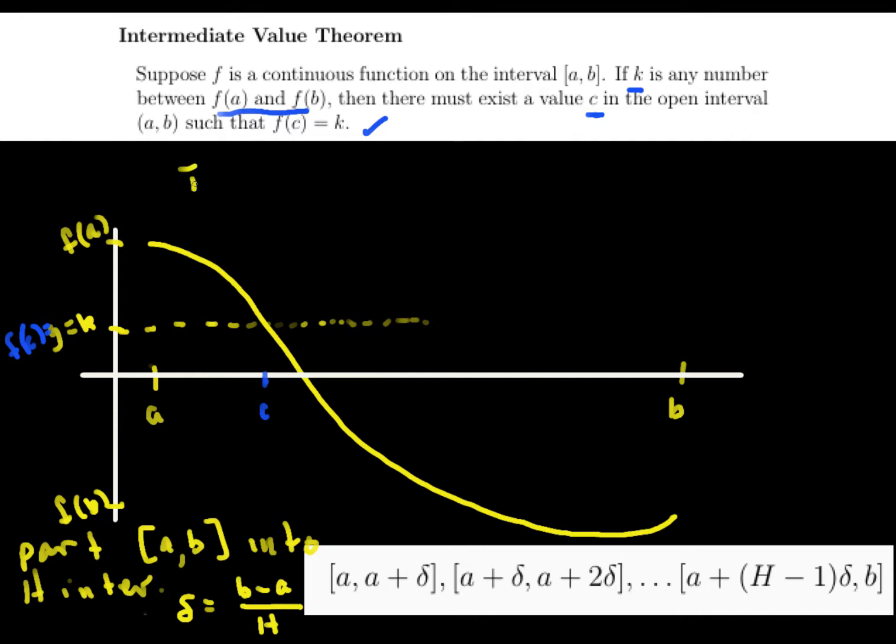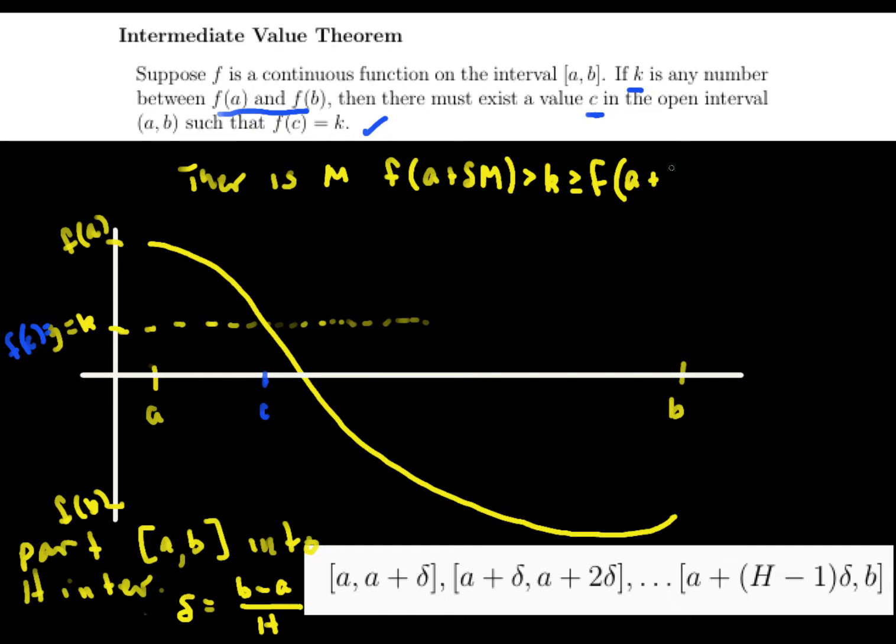There must be an m, so we're going to look at the mth partition, so that f of a plus delta m is bigger than k, but when I look at the right endpoint of that same interval, this is smaller than or equal.